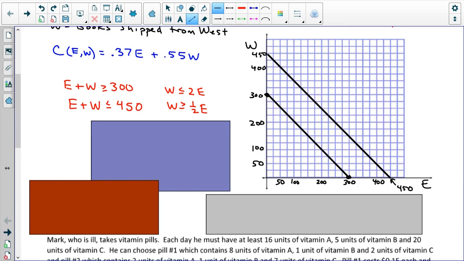Now, these other ones deal with some kind of slope situation. I have W is less than or equal to 2E, so that means I need a slope of 2. Then I also need a slope of 1/2.